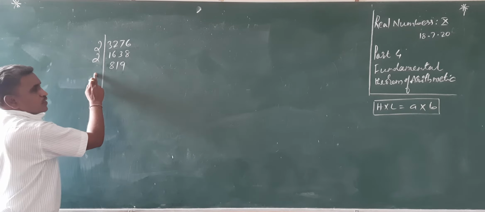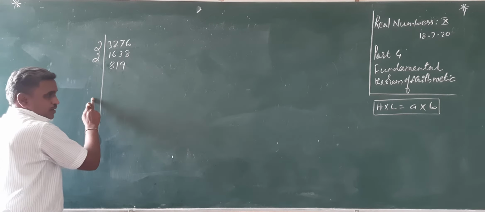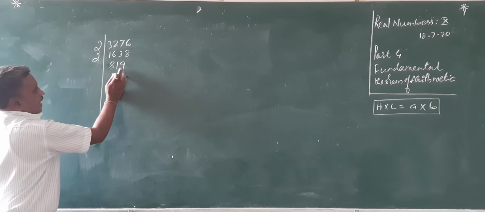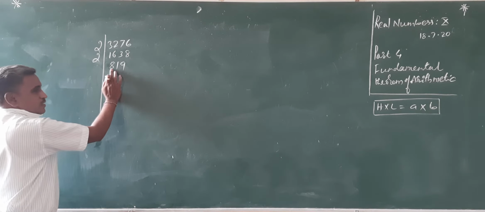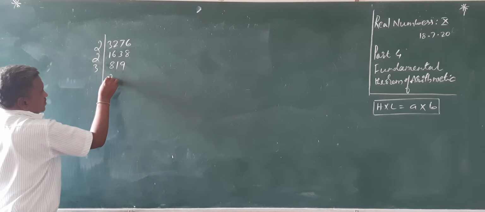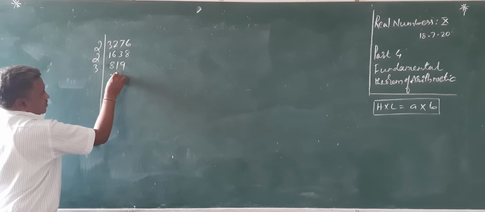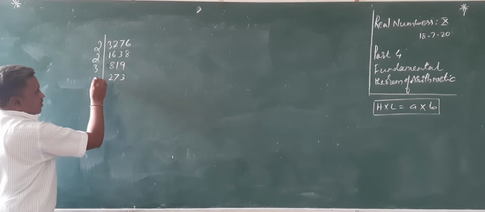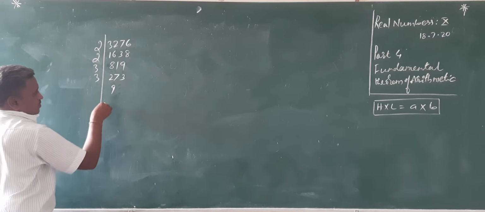Next, 3. If it is not 5, otherwise 7, 11, 13, 17. Yes, 9 plus 1 is 10, plus 8 is 18, so it is divisible by 3. Again divisible by 3.